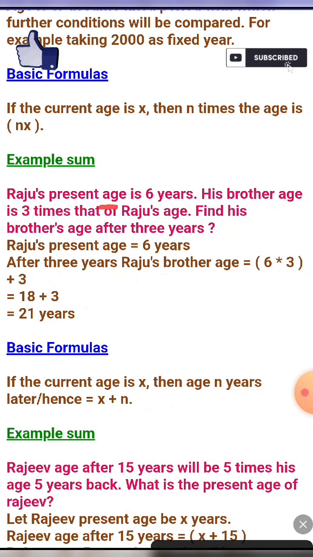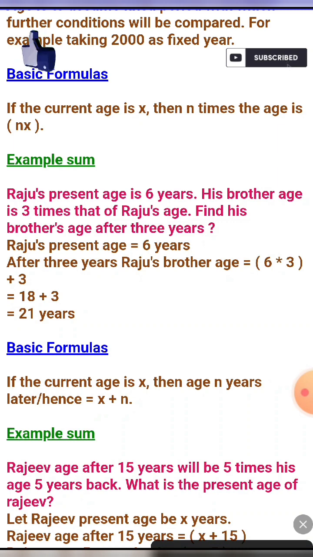Raju's present age is 6 years. His brother's age is 3 times Raju's age. Find his brother's age after 3 years. Let Raju's present age be 6 years. Raju's brother's age is 6 into 3, because his brother's age is 3 times that of Raju's age.